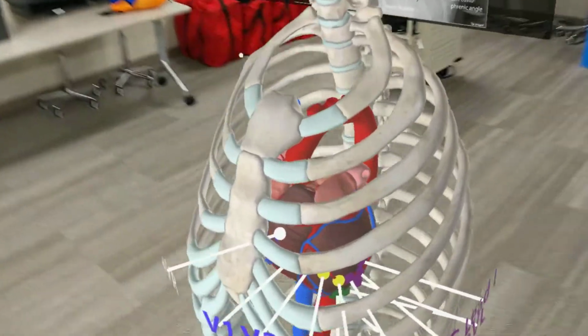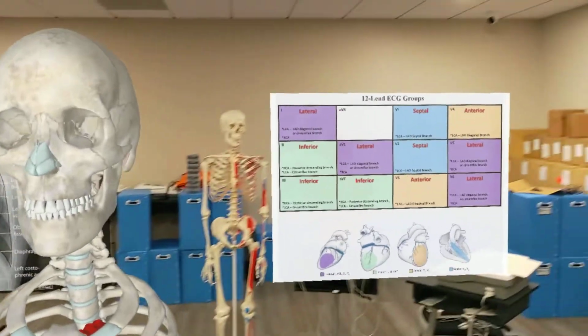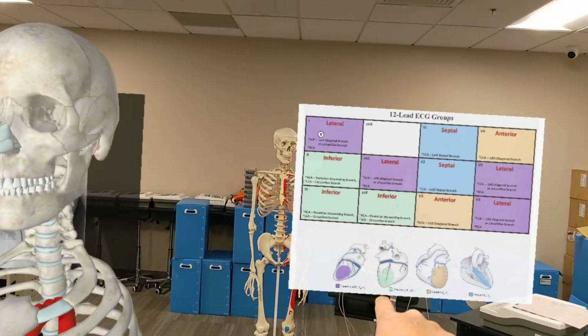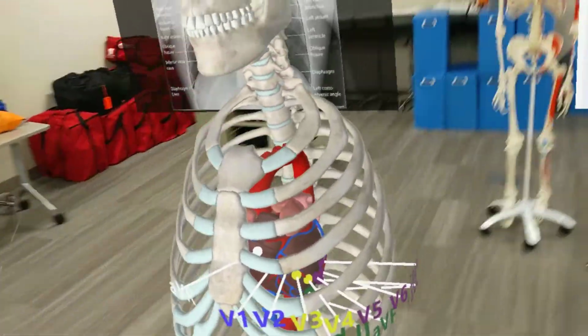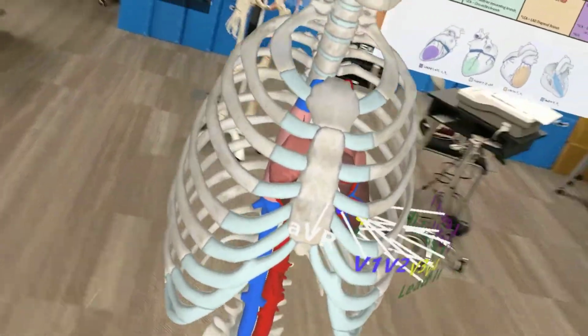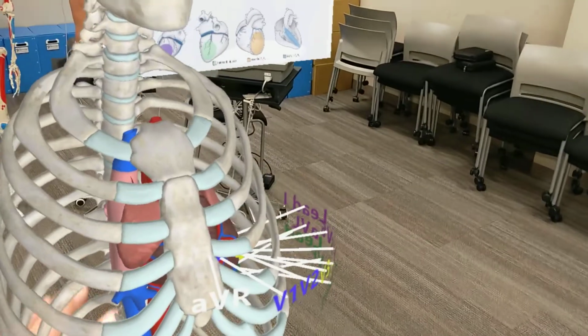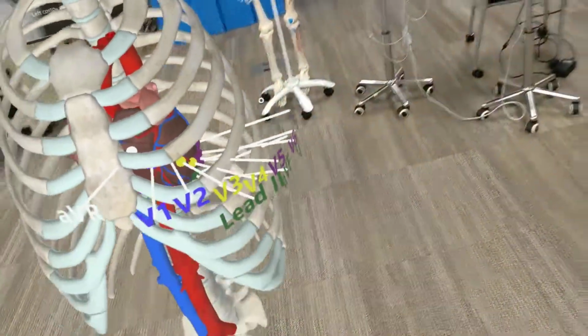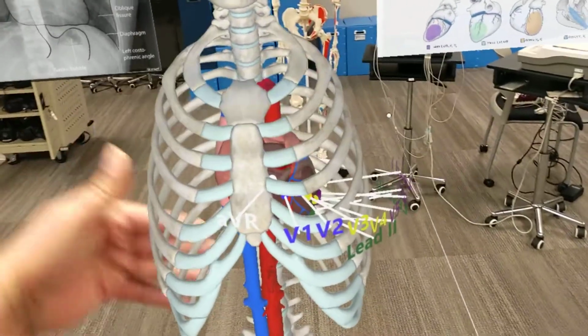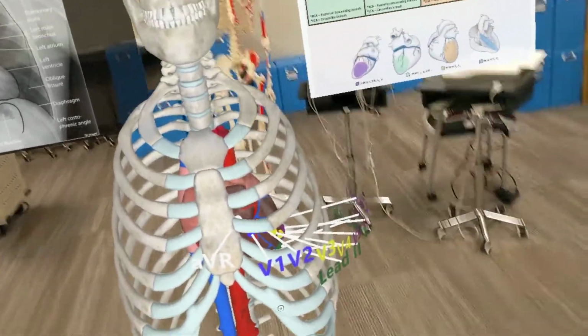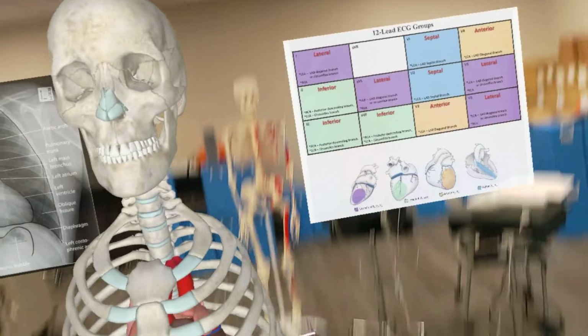So now you can actually see that in here, our lead one, let's look at lead one. Lead one is going to be over in this region. It looks like the label's off, but that's okay. We know that it's looking this way.